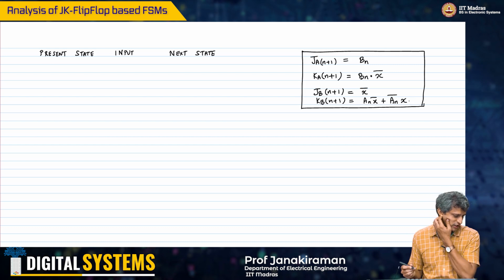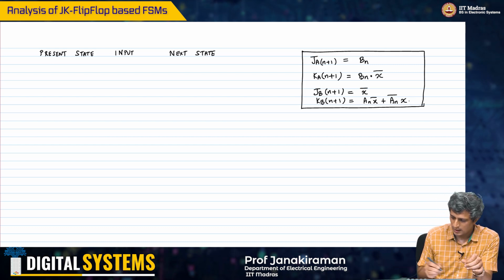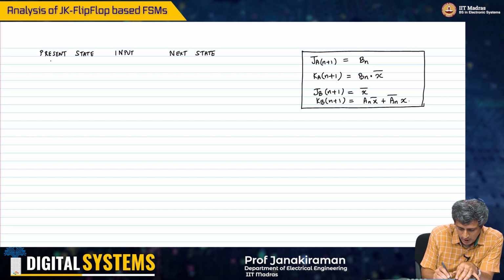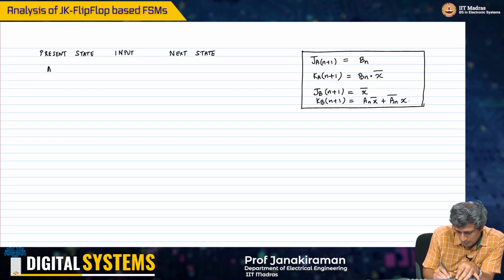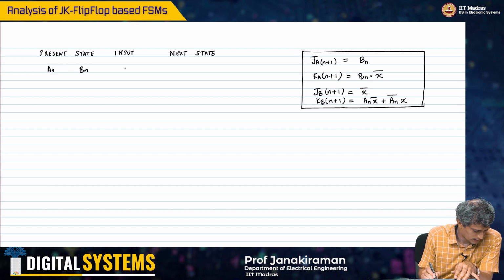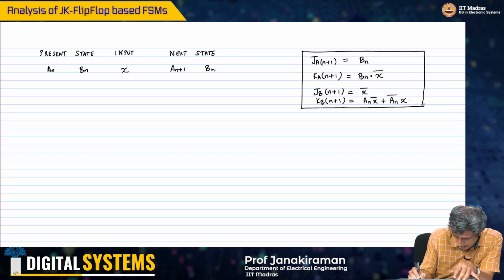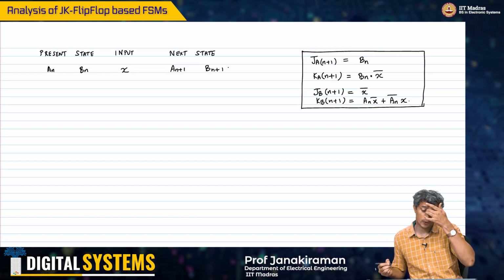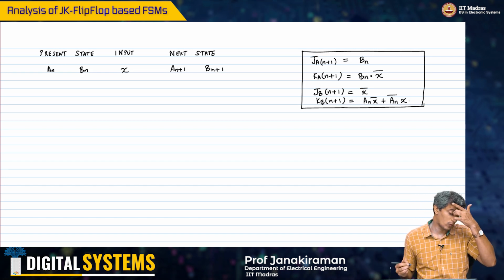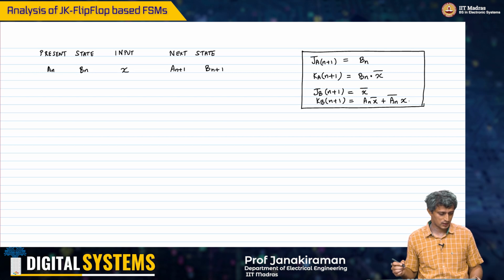My present state is An Bn, my input is obviously X, and the next state is An plus 1, Bn plus 1. What are the next states for this?